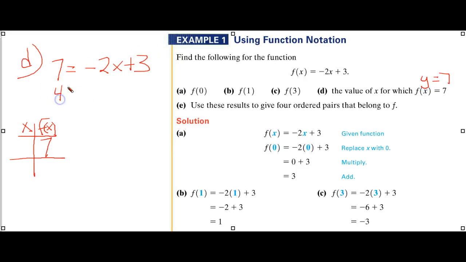That will give us 4 equals negative 2x. Or we just transpose the 3. On this side it becomes a negative 3. Negative 3 plus 7 is 4. And now to get x by itself, we divide both sides by negative 2. So we get x is going to be negative 2.